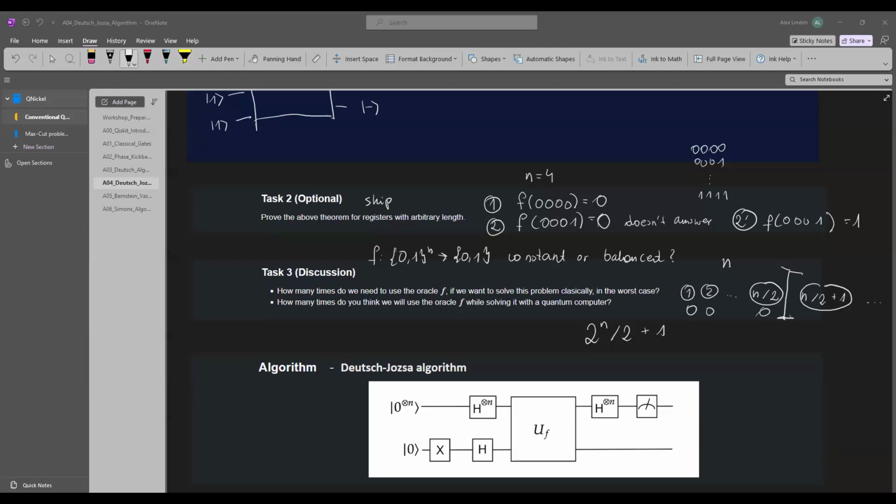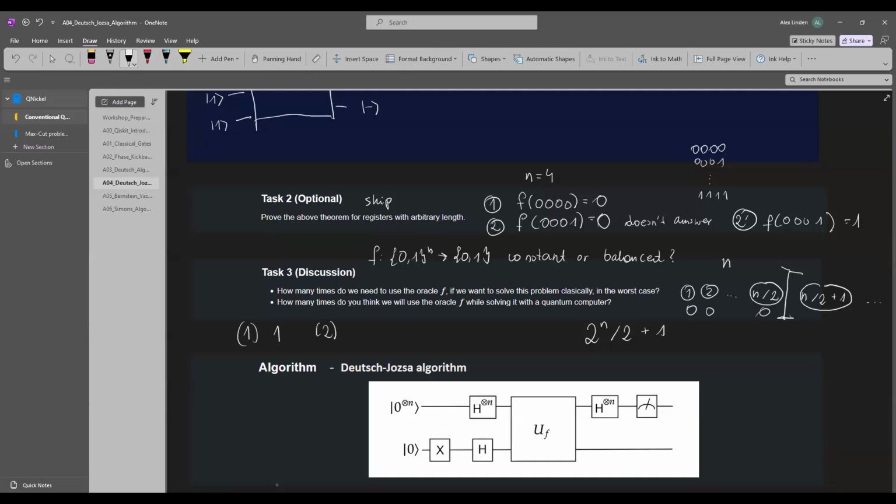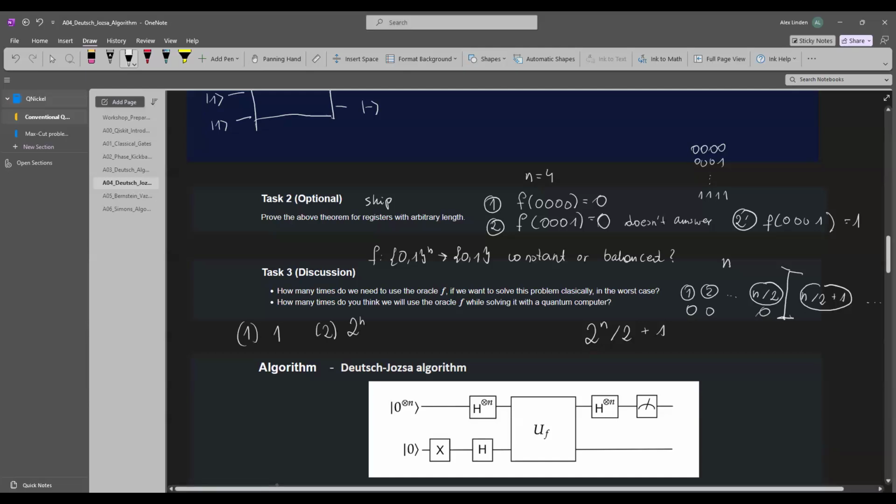Well, we do need to proceed. So let's say first bet is 1. Second bet will be, let's say, 2n divided by 2. And third bet will be 10.